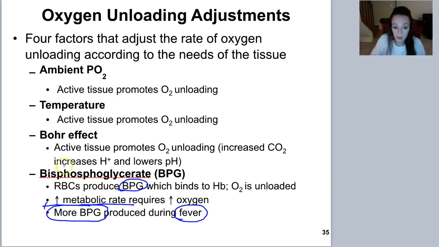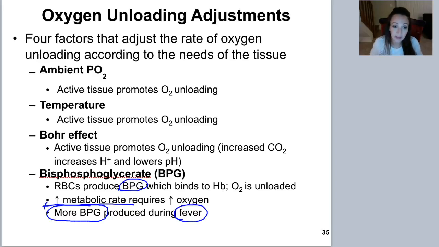And so BPG, we said, can bind to that hemoglobin and cause that hemoglobin to release its oxygen with more ease. It reduces that hemoglobin's affinity for oxygen. And this is perfect for when we have a fever because since we have more BPG during the fever, we'll get to release more oxygen. That oxygen can go into our tissues and help us heal faster so that our fever can then go away.